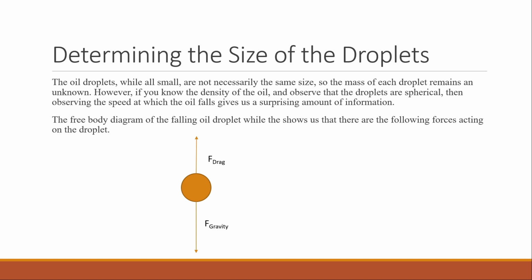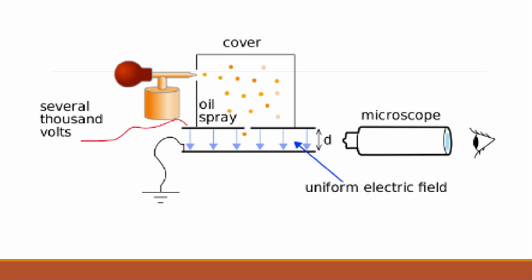Now, before I move on, for us to determine information about that droplet, we need to know a bunch of information about it, like how big is the droplet? And that's actually a big question. If you have a sprayer, how big is each droplet? Are they all going to be uniform size? Probably not.